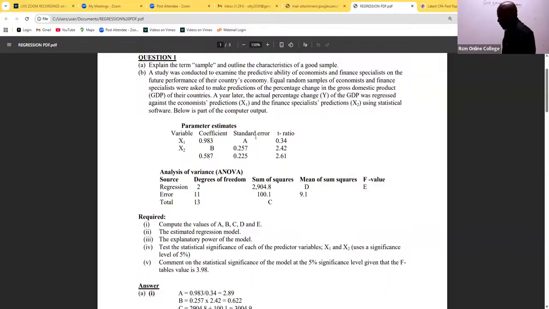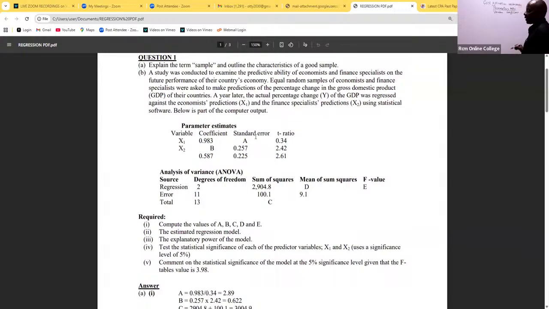So we have here the parameters table. I have the variable, I have a coefficient, that is okay.